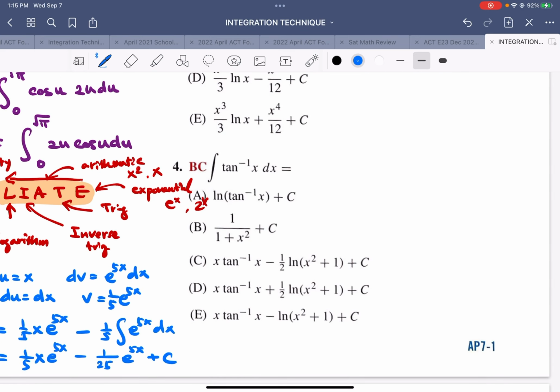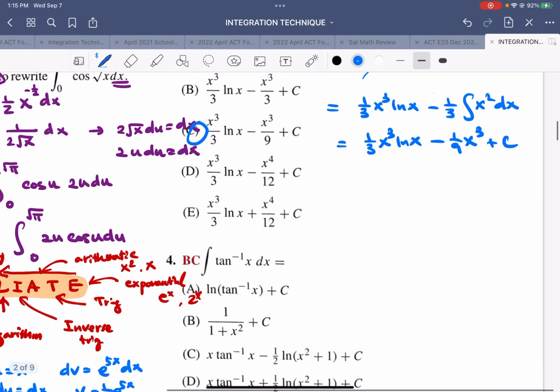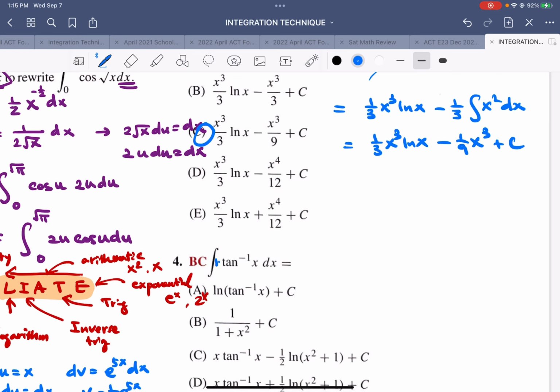So how are you going to take the antiderivative of arctangent? This one is an inverse trig function, and there is a hidden 1 dx here. You can say u equals inverse tangent x, and dv is basically 1 dx, or just dx.